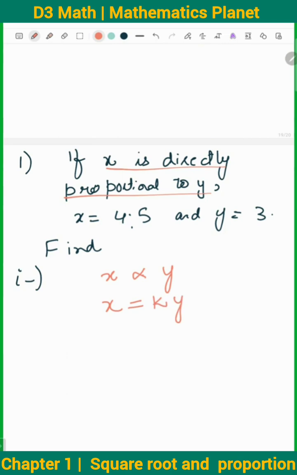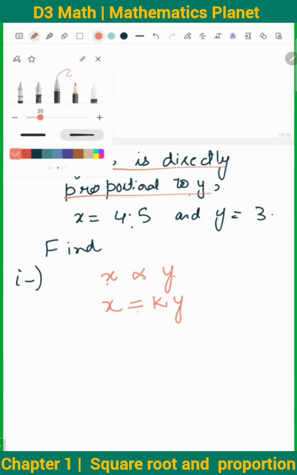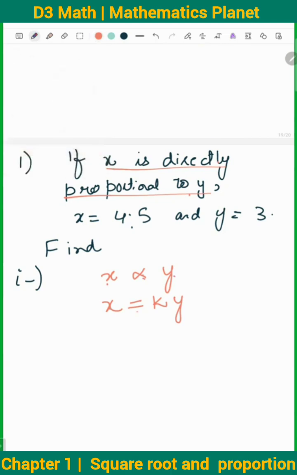Why did we write k? This is the rule: whenever you change the sign of proportionality, you get a constant, and that constant is called k.